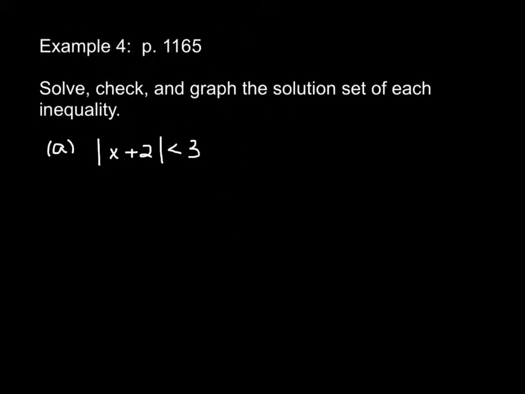Example 4 on page 1165 says solve, check, and graph the solution set of each inequality. So example A is the absolute value of x plus 2 is less than 3. Remember, when we have less than, we're going to have x plus 2 is greater than negative 3, and x plus 2 is less than 3.